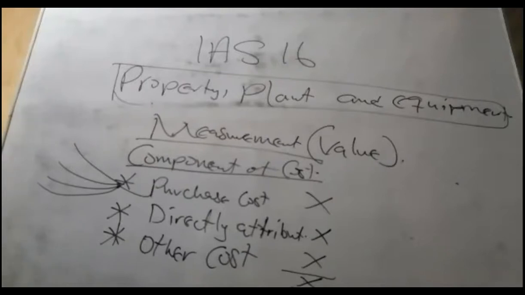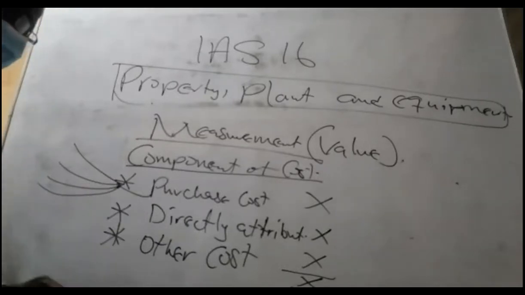The cost that you incur to transport the PP from the point of acquisition to the point of usage, or to your warehouse or the office premises. Good. And then if you pay any taxes on this acquisition, if you are not going to claim this tax back, then you are allowed to add it. So you add the irrecoverable purchase tax.